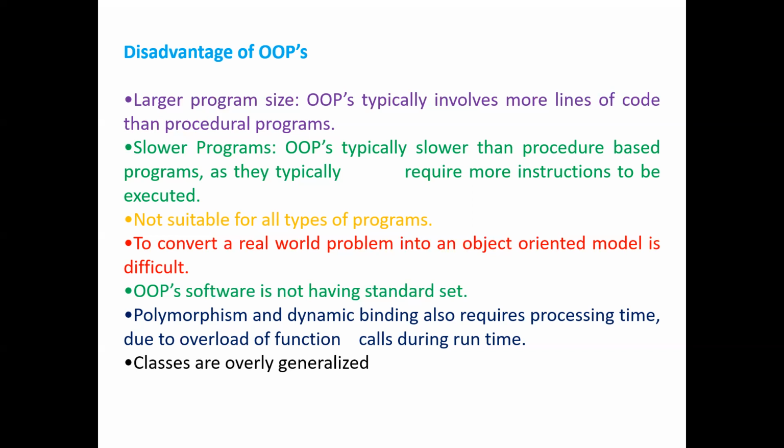What are the problems presently in the real world? To solve that is not an easy task. Converting a real world problem into an object-oriented model is a difficult task. Is it clear?